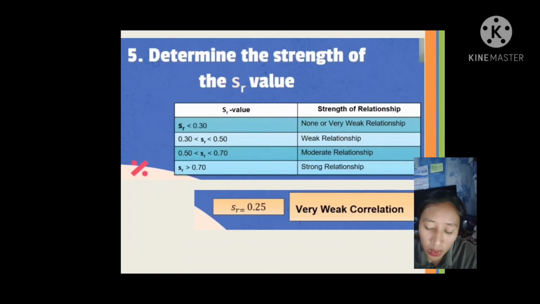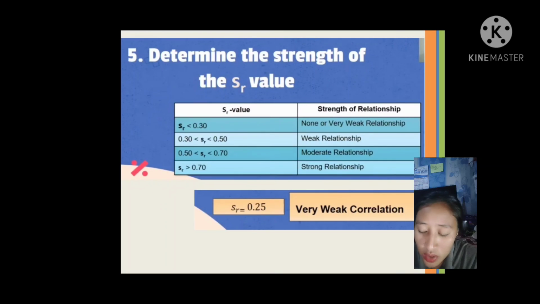When S sub R is greater than 0.50 but less than 0.70, that means they have moderate relationship. And last, when S sub R is greater than 0.70, meaning they have strong relationship. Our result for our S sub R is equal to 0.25. Therefore, English and math have very weak correlation.